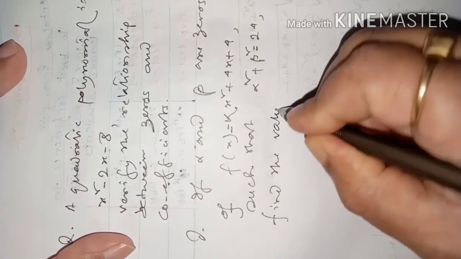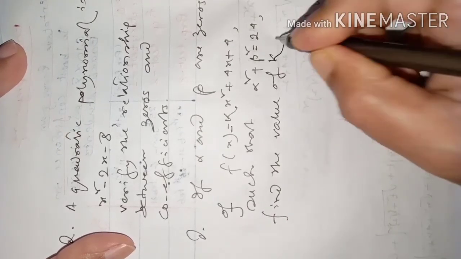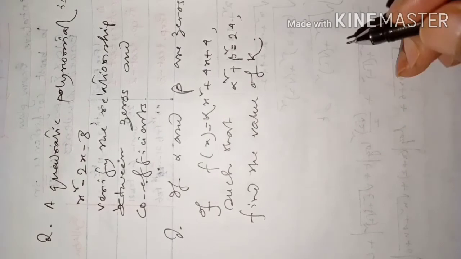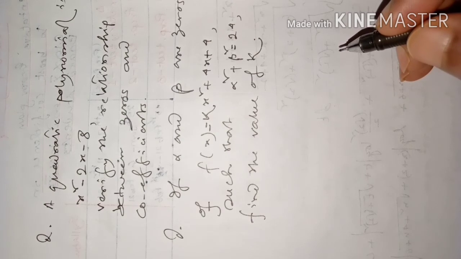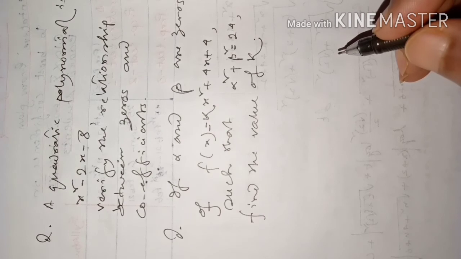You must go through this. Similarly, the number of polynomials having zeros minus 2 and minus 5, that is one more type.